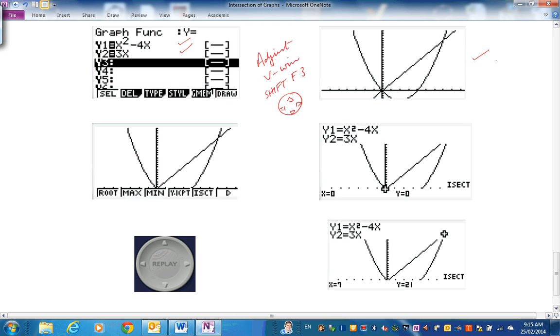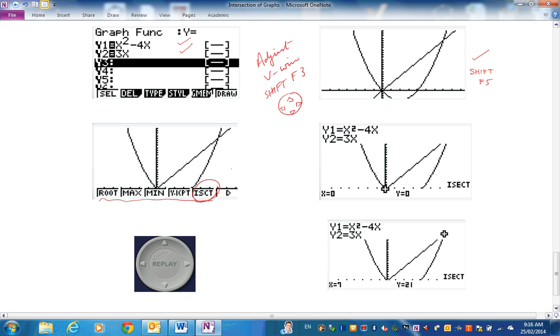And then from here, obviously you want to find a point of intersection, so if you Shift F5, then you get these options, and here's the one you want, F6, I think that is, isn't it? So the ISCT stands for intersection. Is it F5 or F6?